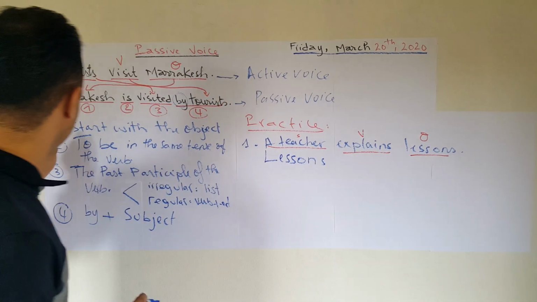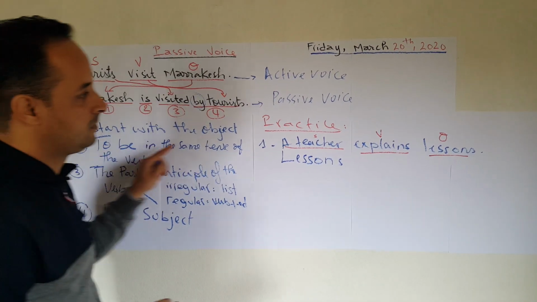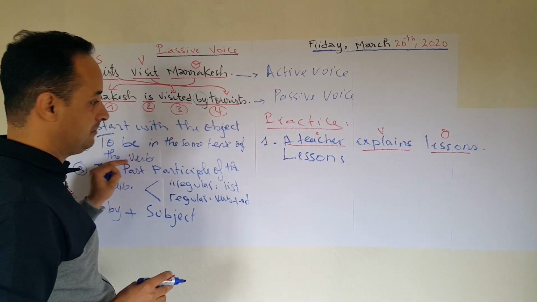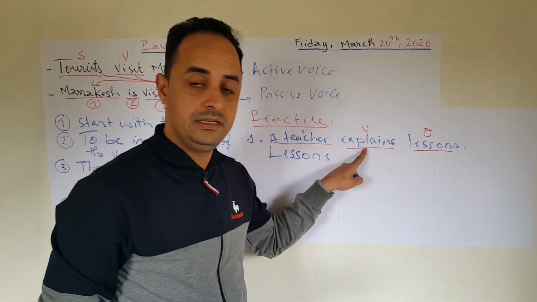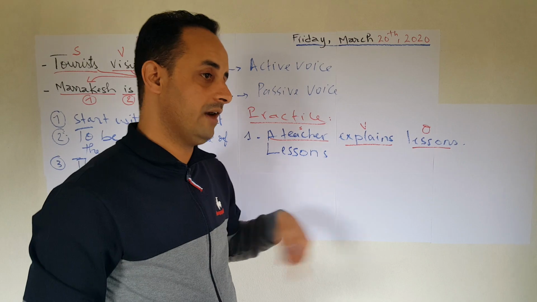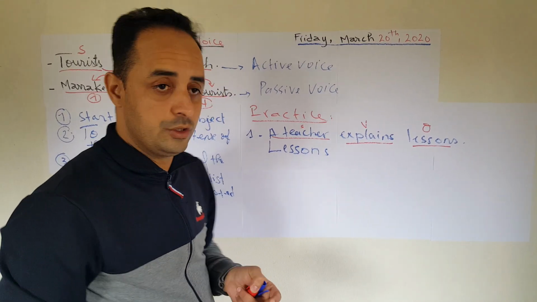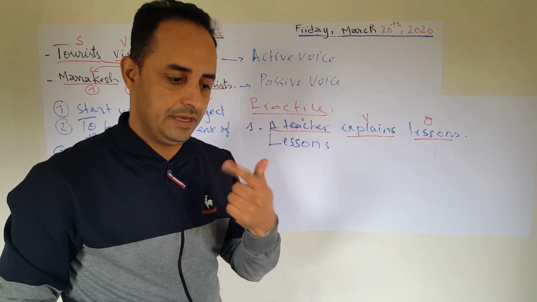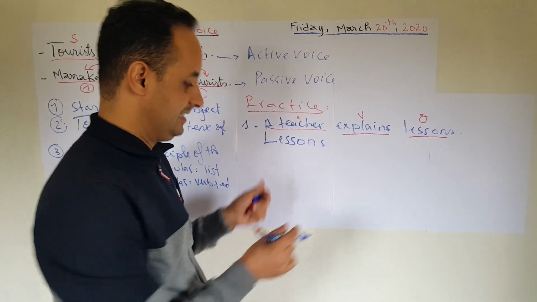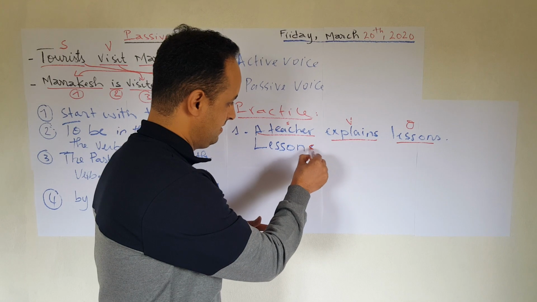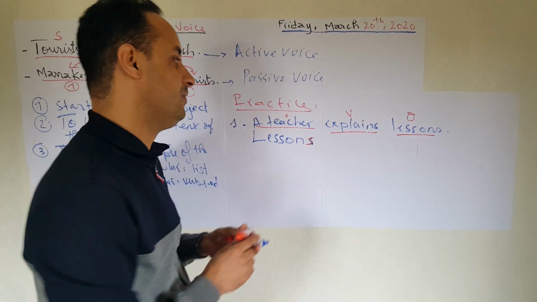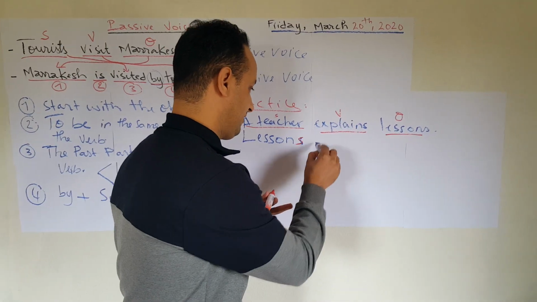That's number 1. Number 2, the verb to be in the same tense as the verb. The verb explain is in the present simple, so we have to use the verb to be in the present simple. The verb to be in the present simple has 3 forms: am, is, and are. In this case, it's lessons, which means it's plural. We have to use are.